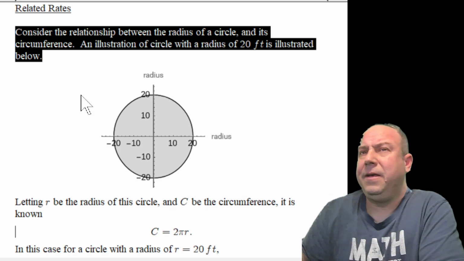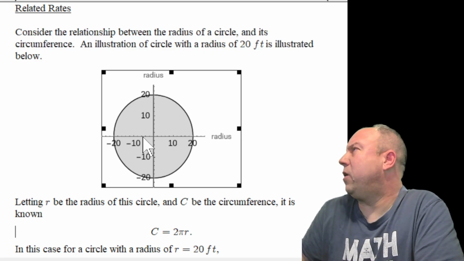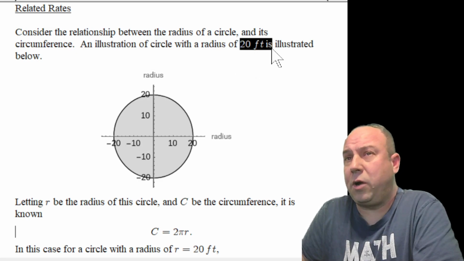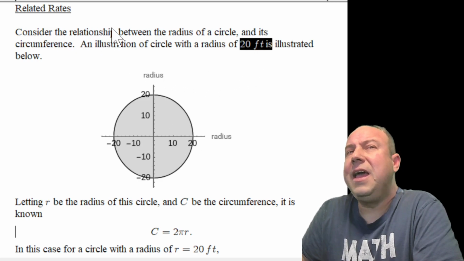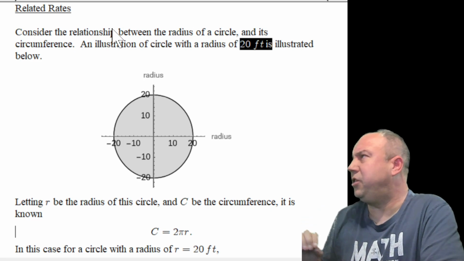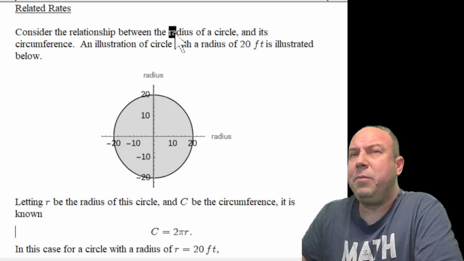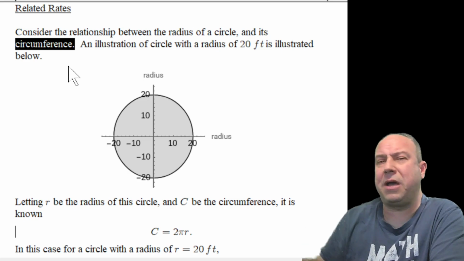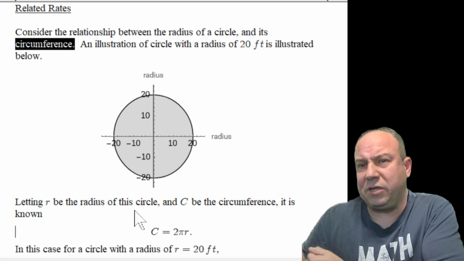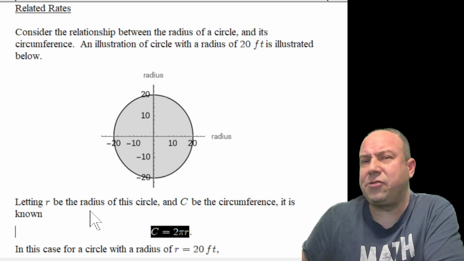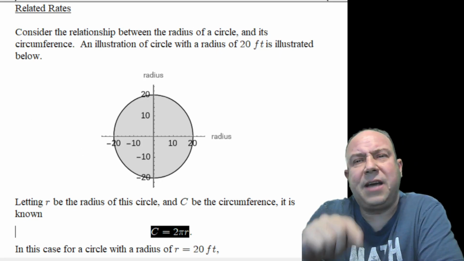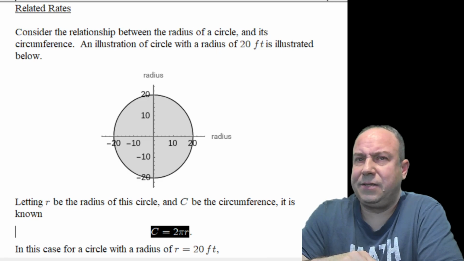For example, with the circle here, I've drawn a circle with a radius of 20 feet. And there is a relationship that exists between the radius of the circle and the circumference. We understand geometrically that the circumference is always going to be 2 pi times my radius.